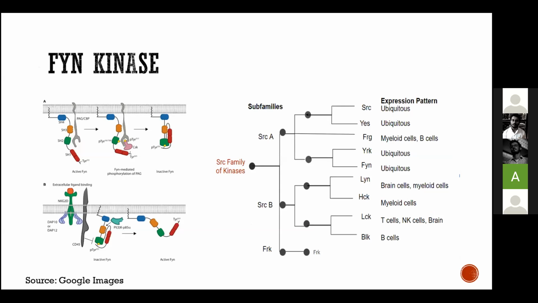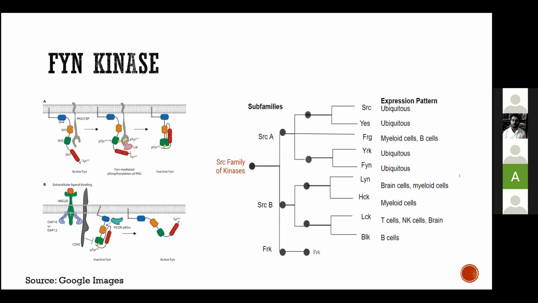In the left, in picture A, you can see that there is active Fyn, which is totally unfolded, and it has 4 components to it, SH1, SH2, SH3, and SH4. And it's absolutely sitting there and doing nothing. Then next to it is a PAG. What is PAG? That doesn't matter right now, but it's just to show that the Fyn is active, but it's not interacting with the PAG protein.